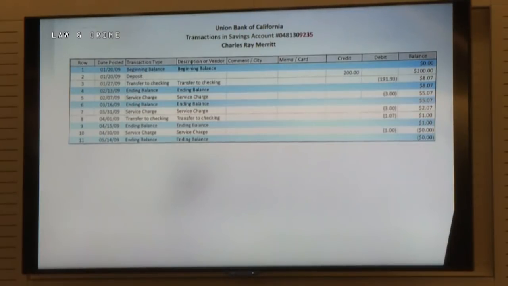This is all the transactions that occurred in this whole time period. And there are some service fees, and there's a couple times when there are transfers to the checking account, which is the 7966 account. And eventually the balance gets down to zero.